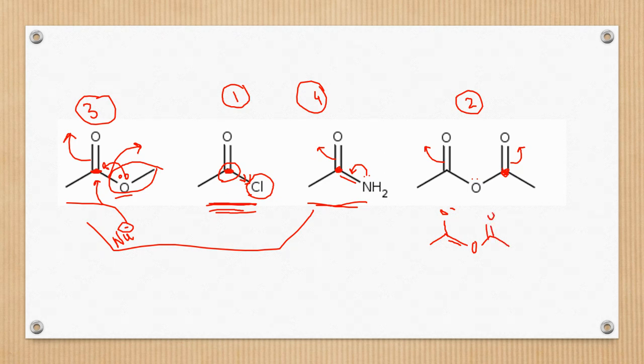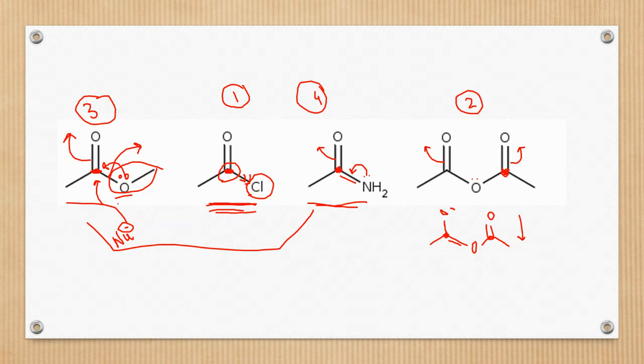This will be one of the resonating structures of this anhydride, right? Here the electrophilicity at one of the carbons is compromised, it is reduced, but the electrophilicity at this carbon is as it is. It is not going to be lower.